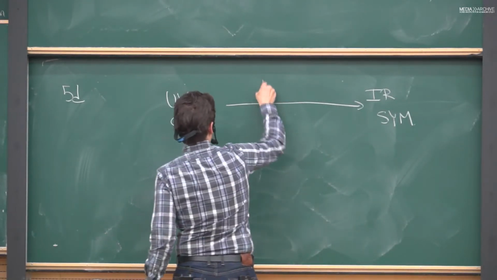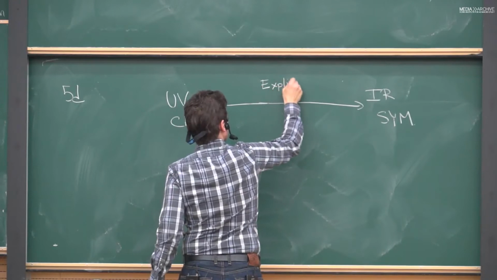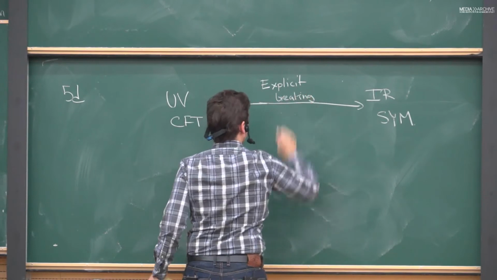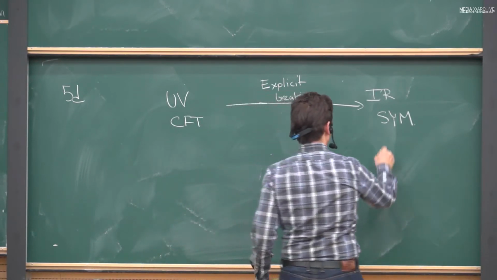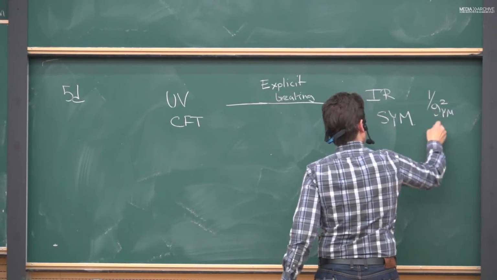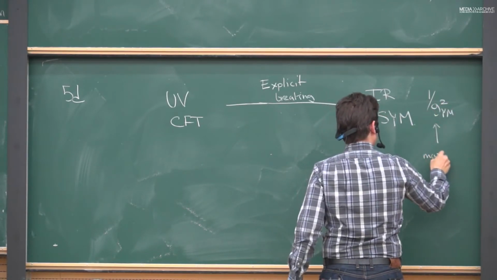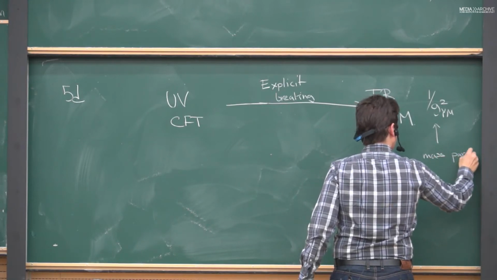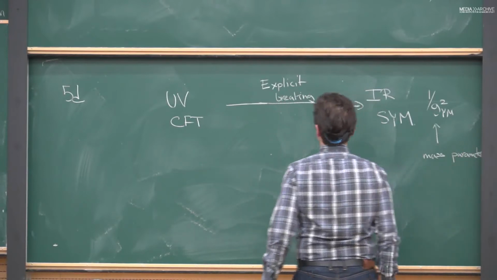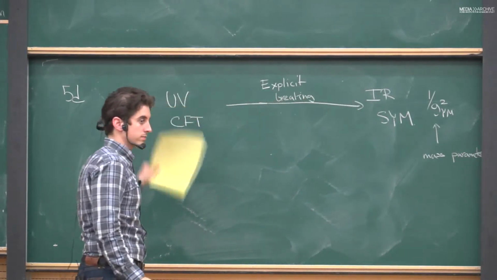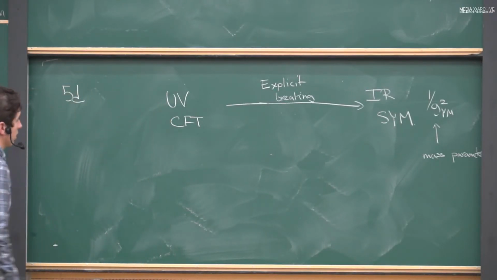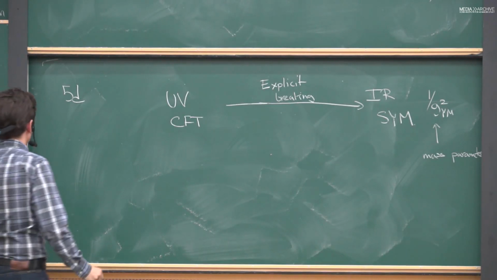And this is an explicit breaking of conformal symmetry. The way it works is there's a mass parameter, the coefficient of some relevant deformation up here. And we know that that's consistent because we worked out that there are such relevant deformations in 5 dimensions.